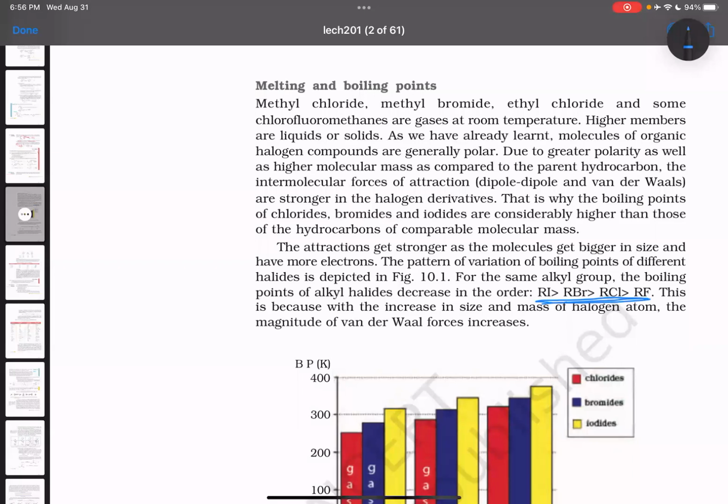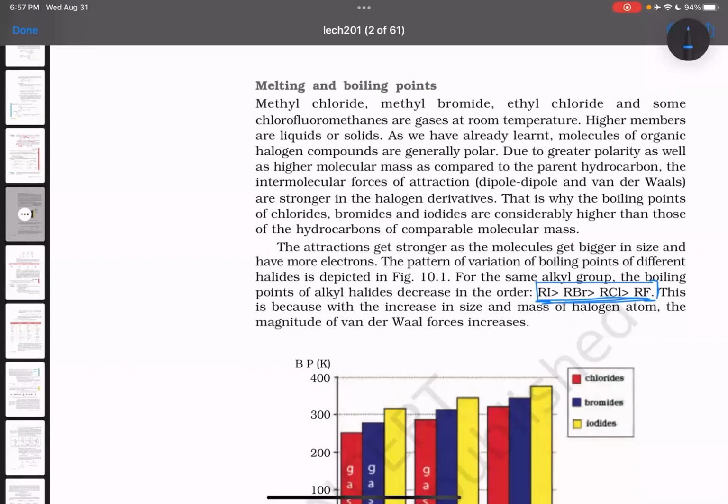The bromine atomic mass is 80. Chlorine is 35.5. So as we have higher and higher halides, the boiling point is going to increase as long as you have the same alkyl group, because of the increase in forces of attraction. Is it clear?